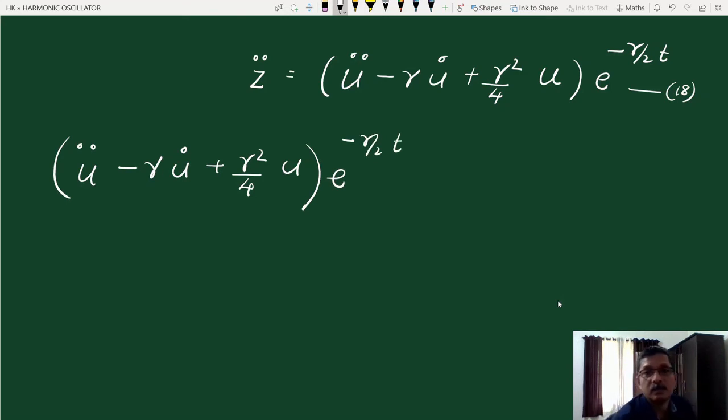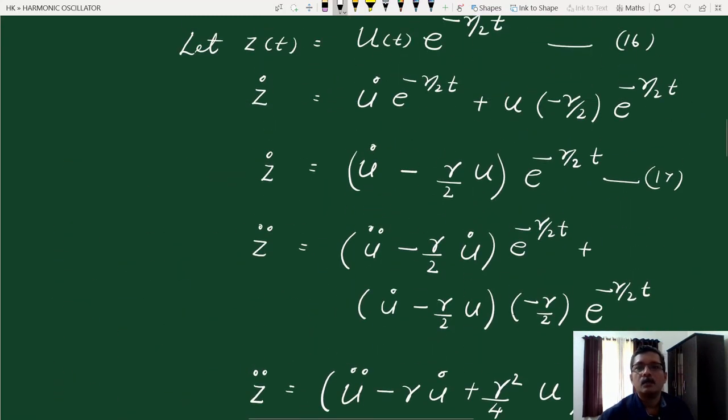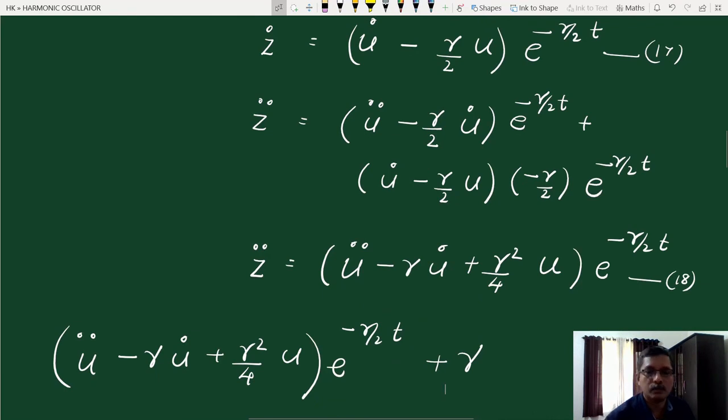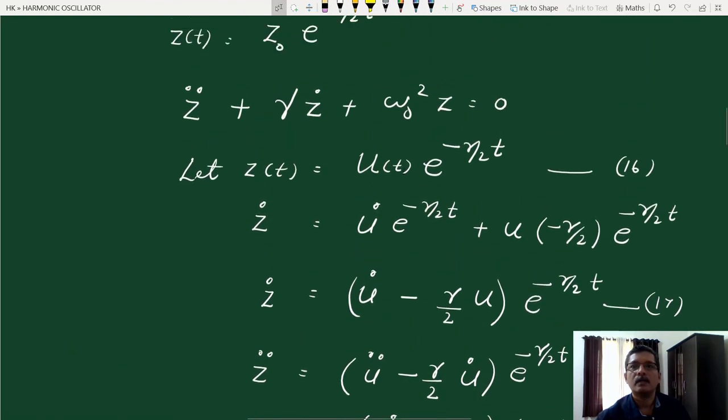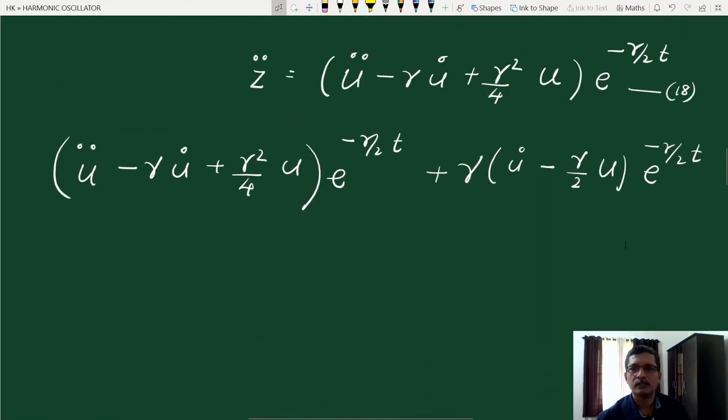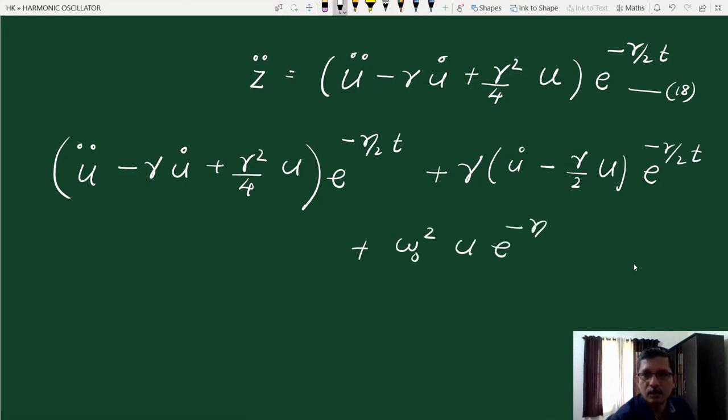Then the next term is gamma times Z dot. Z dot is this: u dot minus gamma by 2 into u, times e raised to minus gamma by 2 into t. This is gamma times Z dot, and then you have omega 0 square times Z, so plus omega 0 square times u e raised to minus gamma by 2 into t equal to 0.